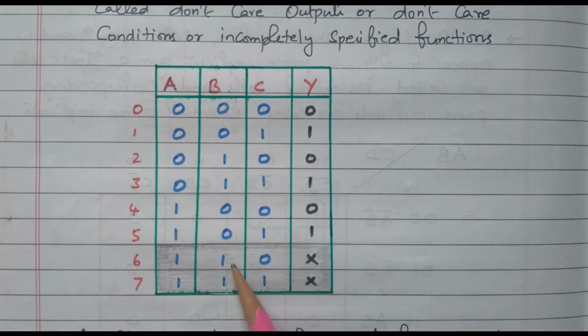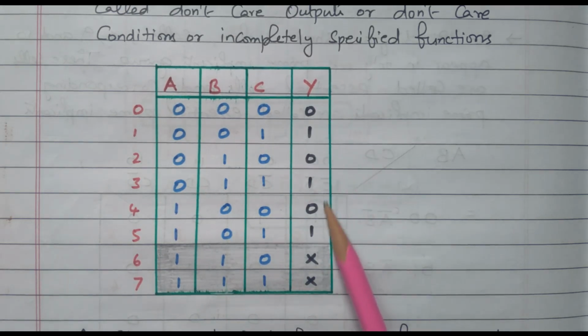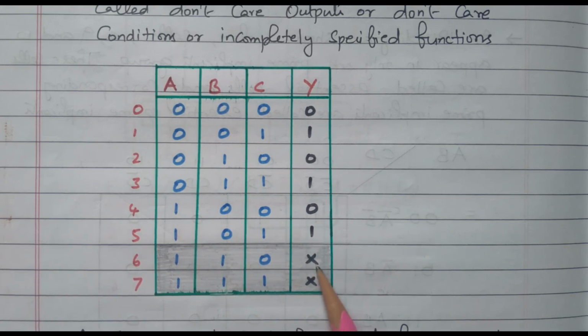For the last 2 combinations, the output is not given. These 2 combinations will not affect the output of the logic function, so they are not specified and can be marked as X. These 2 are called don't care conditions.